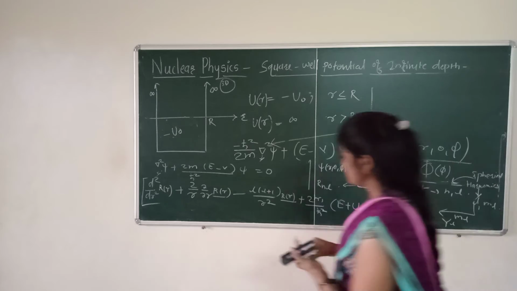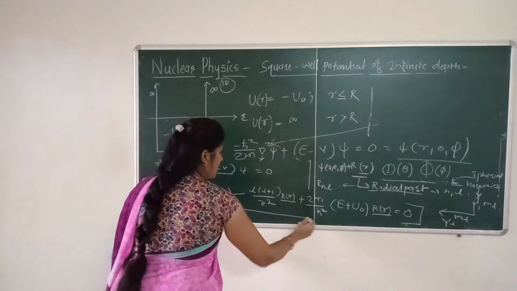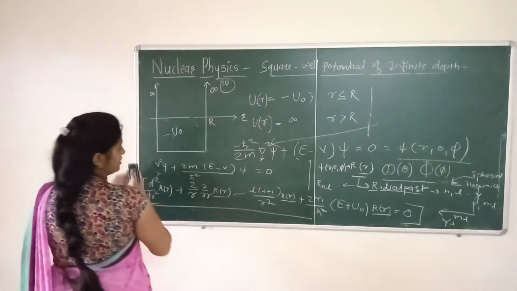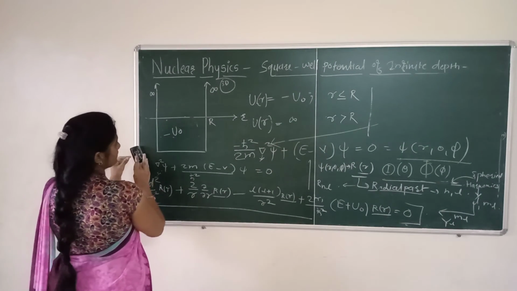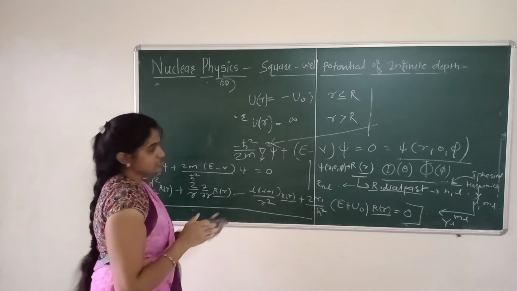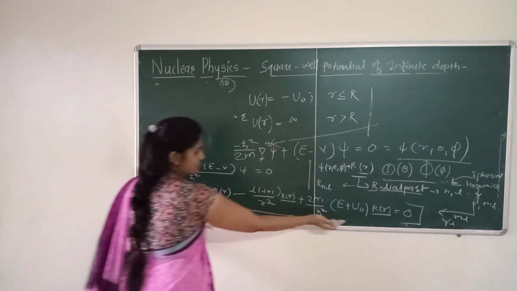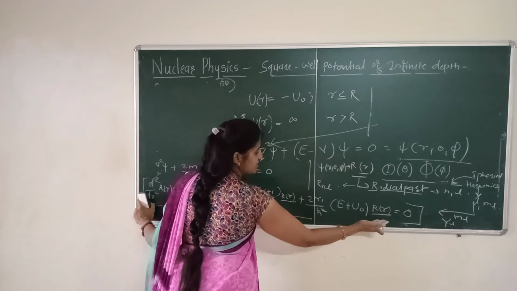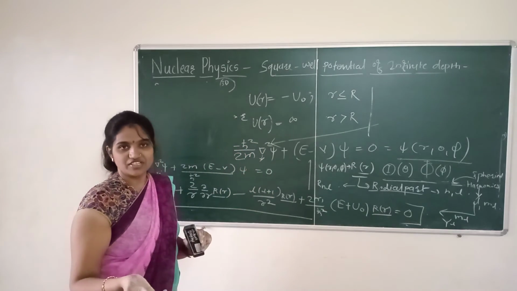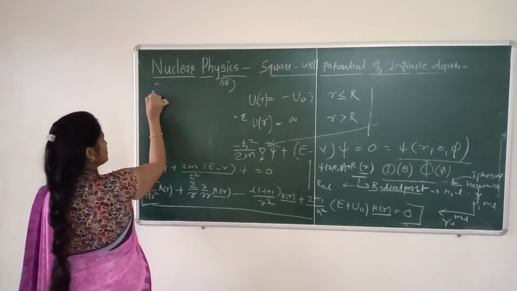Now see, this is a radial equation, and the solution of that radial equation is, I can write here also. If this is a radial equation, this radial equation has a solution similar to our Bessel equation, okay. What is our actual Bessel equation?